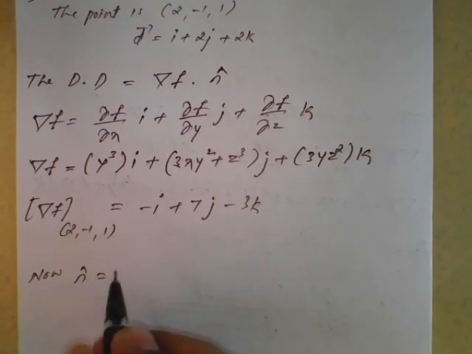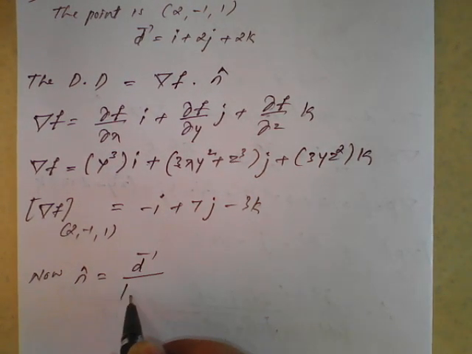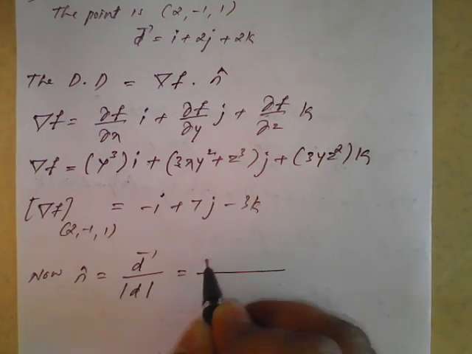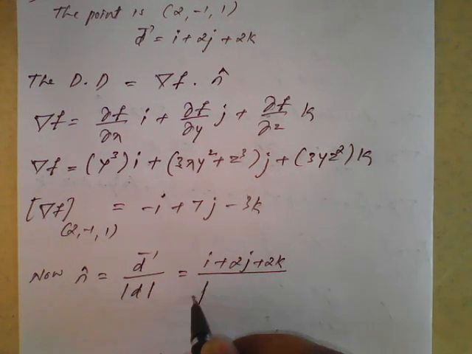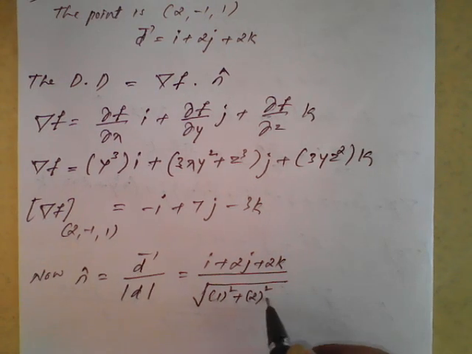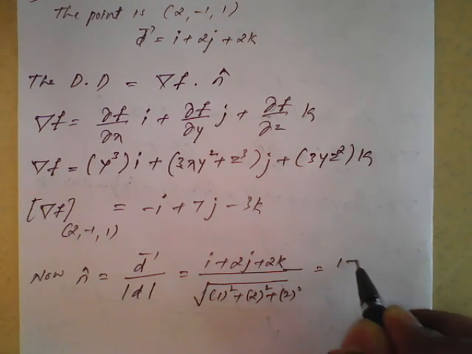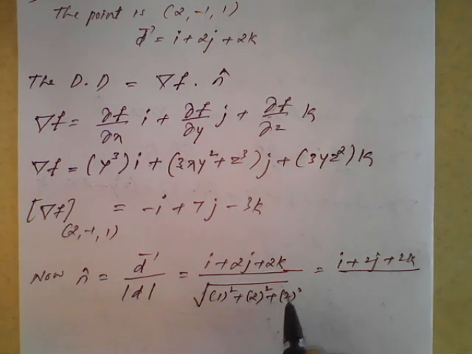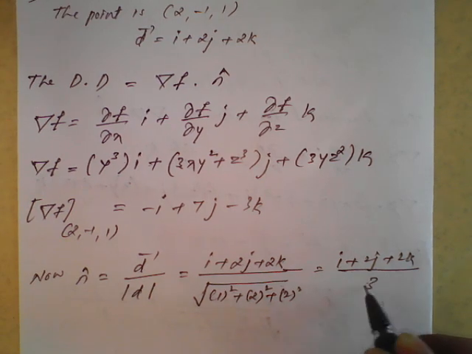n cap is nothing but the direction divided by the modulus of the direction, that is (i + 2j + 2k) divided by the square root of 1² + 2² + 2². So again it will be (i + 2j + 2k) divided by the square root of 4 + 4 + 1, so it is 9, and the square root of 9 is 3.